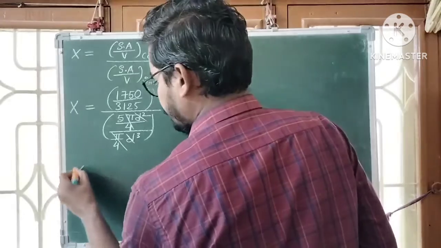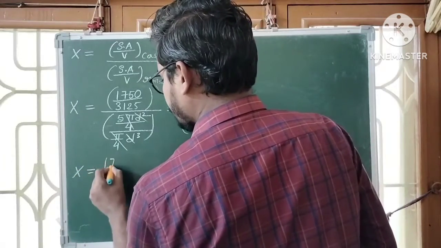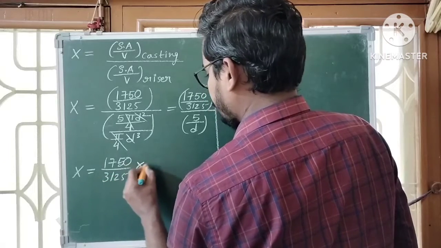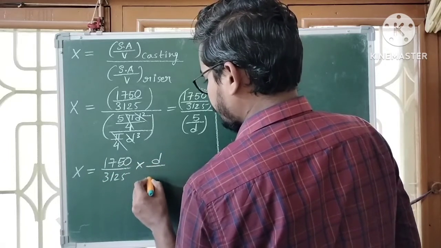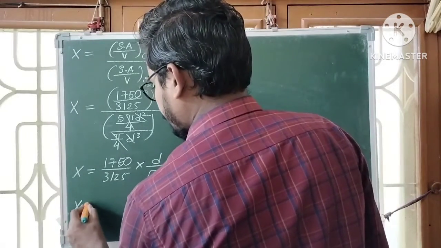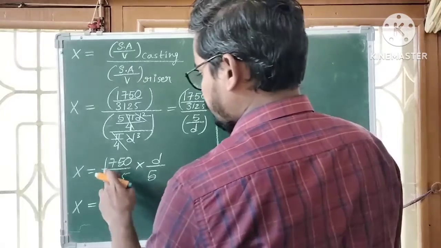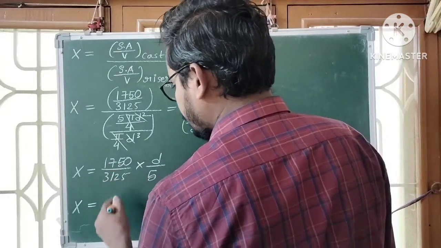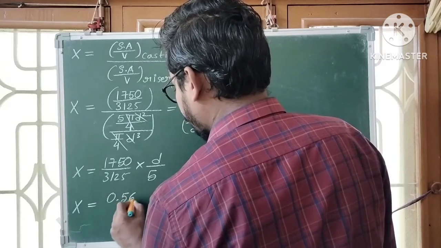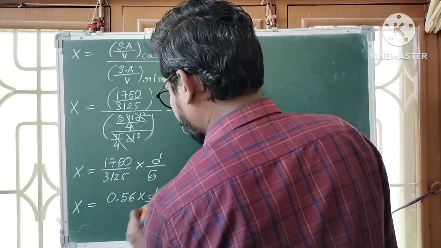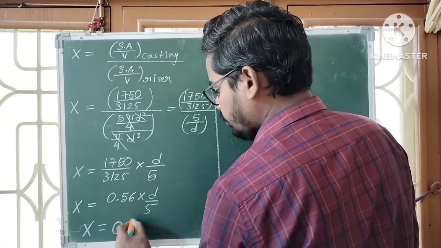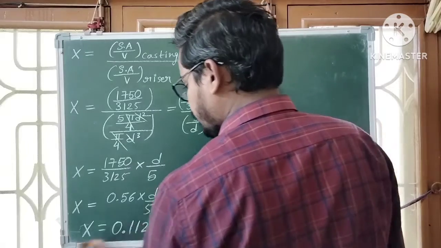X is equal to, take reciprocal, 1750 by 3125 into d by 5. If you calculate 1750 by 3125, you will get 0.56. So 0.56 into d by 5. 0.56 by 5, if you calculate again, you will get 0.112 into d.